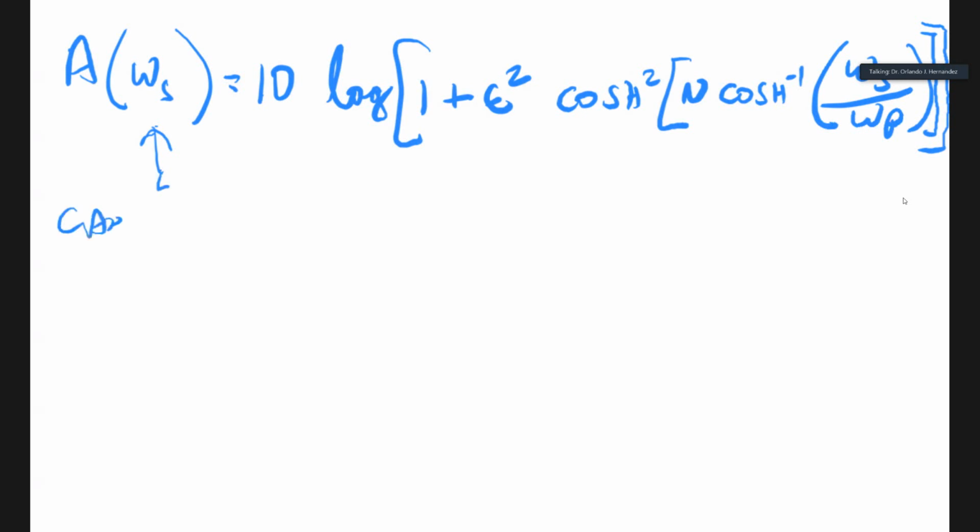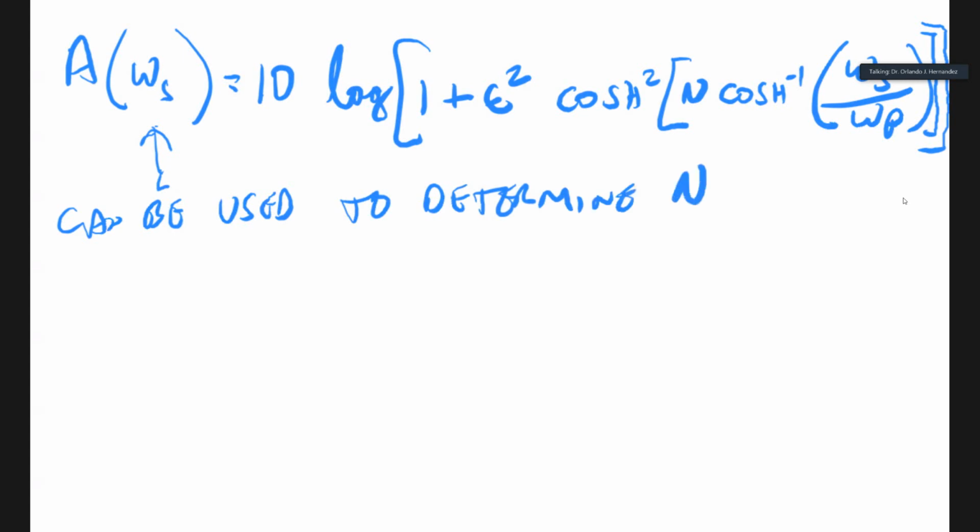can be used to determine n for both conditions, for two conditions, for a given A for attenuation, because this is an equation for the attenuation.